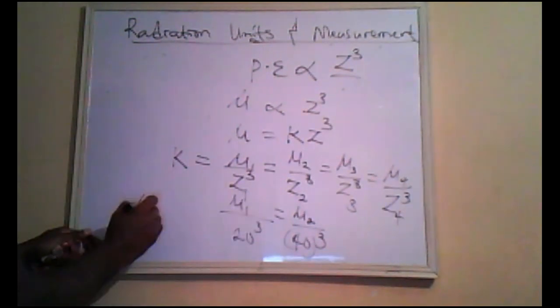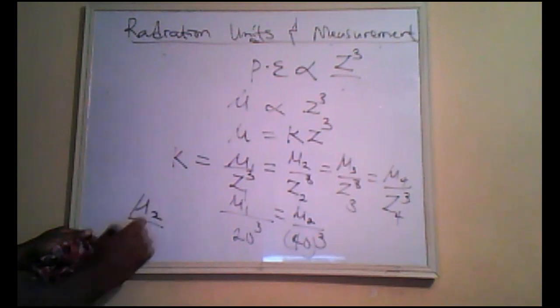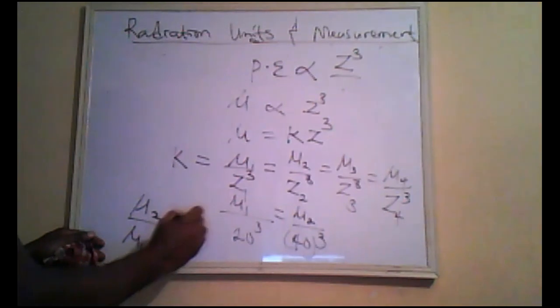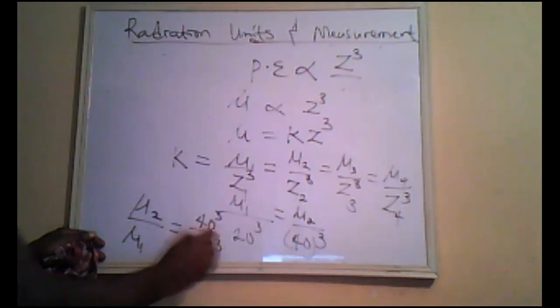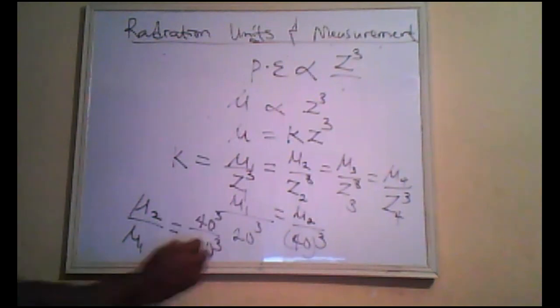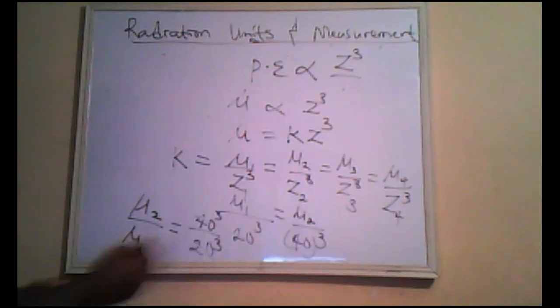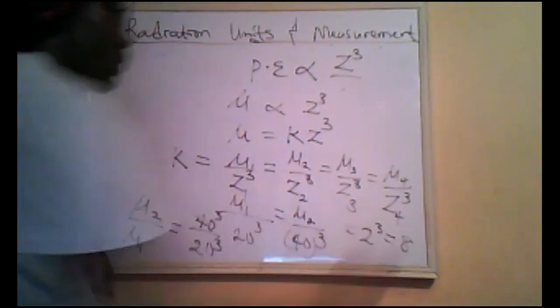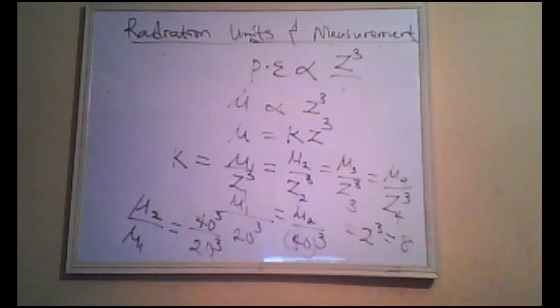So we're looking at mu2 over mu1, which is 40 cubed over 20 cubed. At the end of the day, we are going to have 2 raised to power 3. It's going to give us 8.